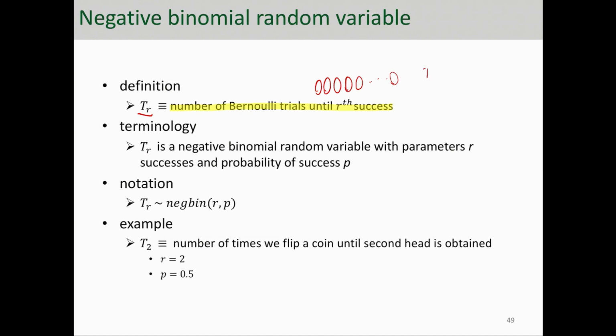So what is the difference between T5 and N5? N5 is binomial, T5 is negative binomial. We're following these definitions here. T5 is number of trials until rth success. So that would be number of days until fifth earthquake.